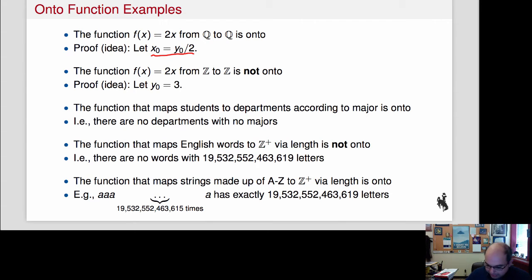Because, for example, let's pick 19.5 trillion. Then the string of 19.5 trillion A's actually has just precisely that length. So it doesn't matter what number you pick. I can always find a string of A's that has that exact length. So that would be an onto function. Again, notice how important it is when we're talking about properties of functions that we know what is the domain, what is the codomain.